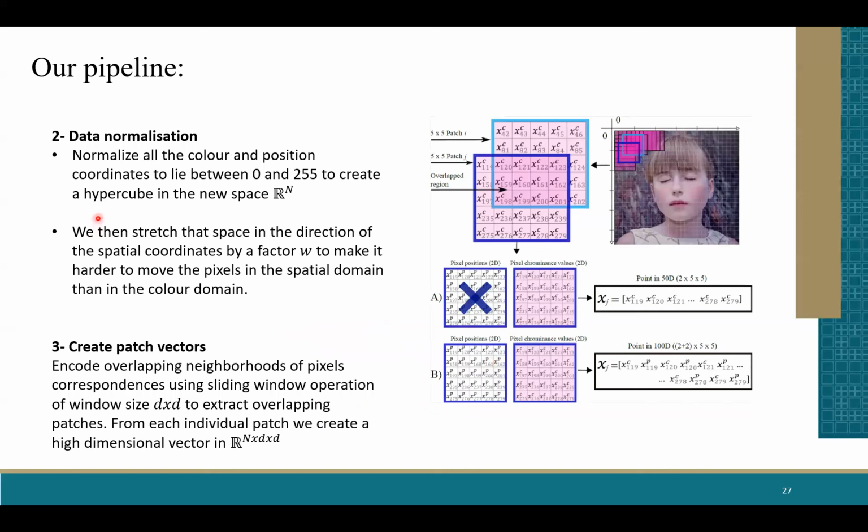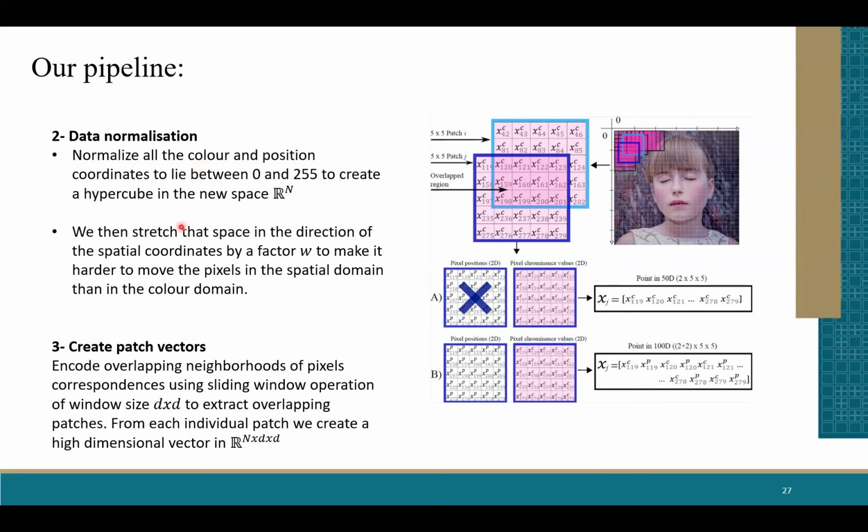The second step is data normalization. Here we experimented with using only the color and also with combining the spatial and color. When we combine them, the color values range from 0 to 255, and the spatial value can be anything depending on the size of the image.